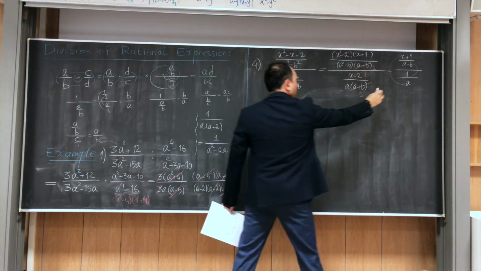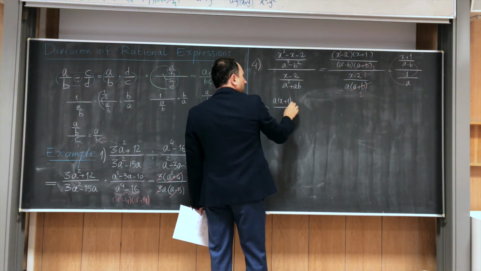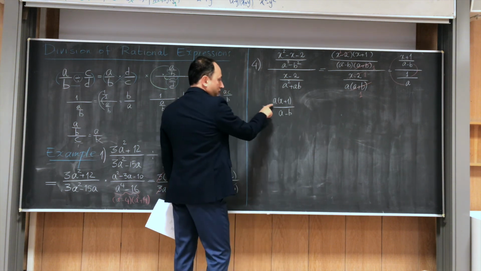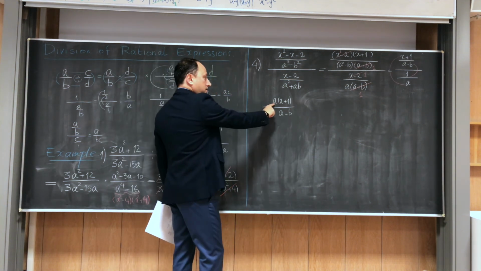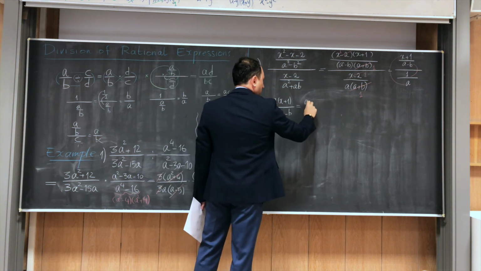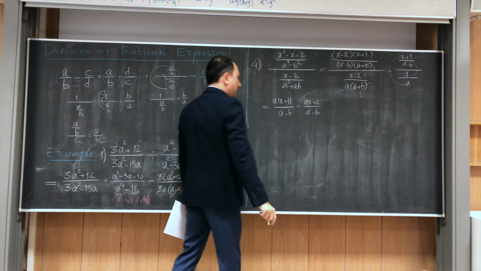So if I multiply A with that, it becomes A times x plus 1. And if I multiply 1 with that, it becomes A minus 1. And hopefully by this stage, you know that you are not allowed to simplify this A with that A, because A in this is a factor, but not here. It's a summand. So then I prefer to multiply everything back to write it, even though it is not mandatory.